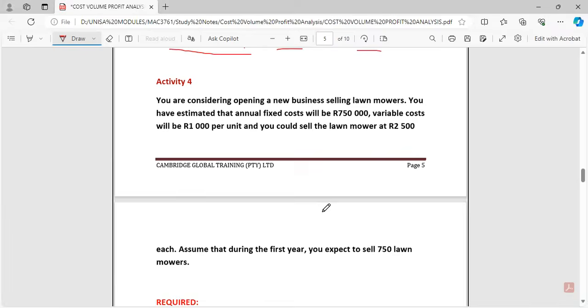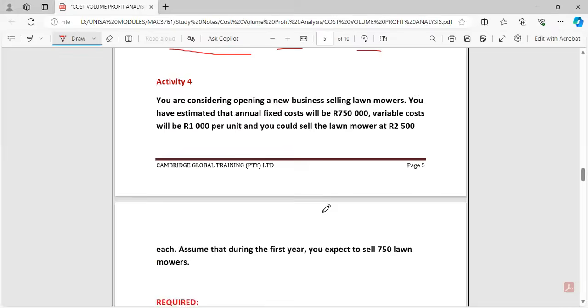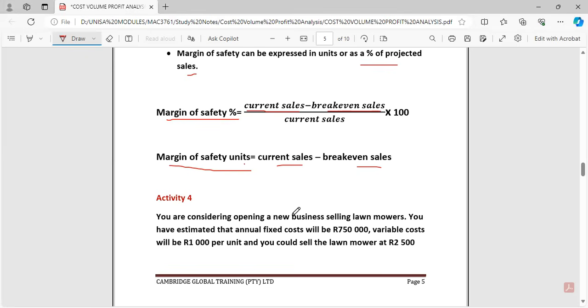Let's do this question to illustrate this. They say you are considering opening a new business, selling lawnmowers. You have estimated that annual fixed cost will be 750,000.